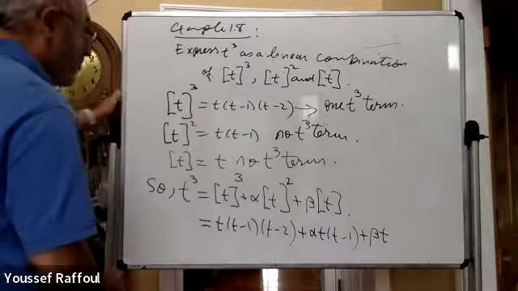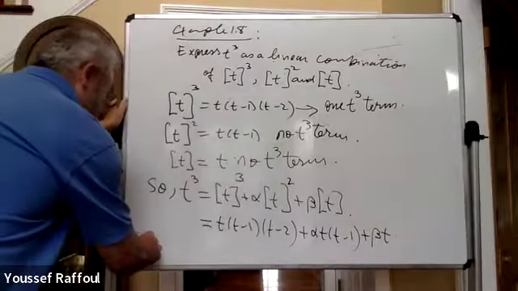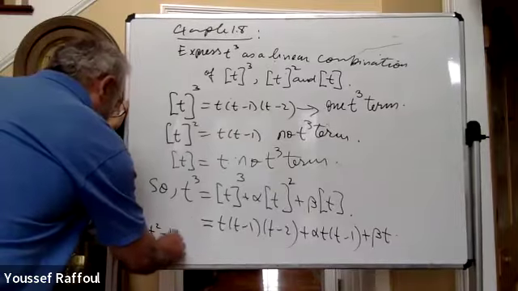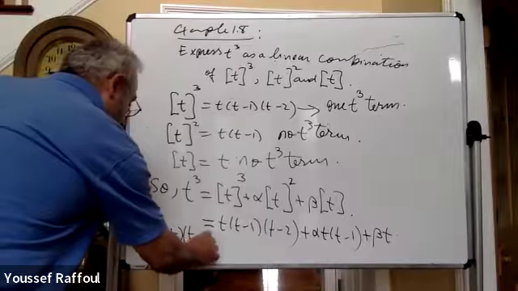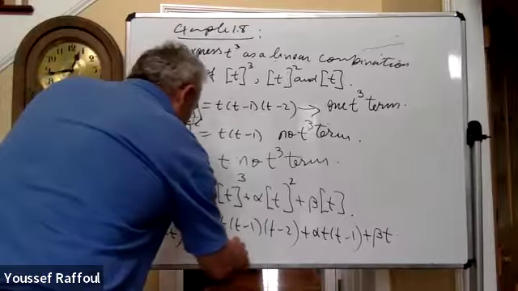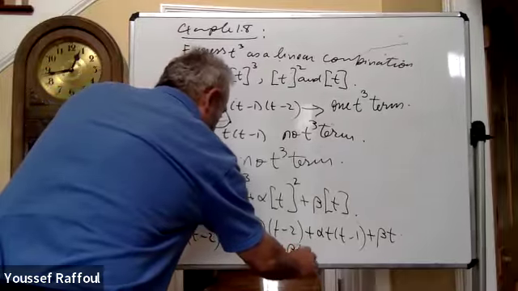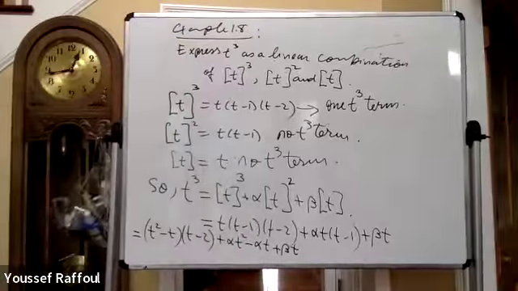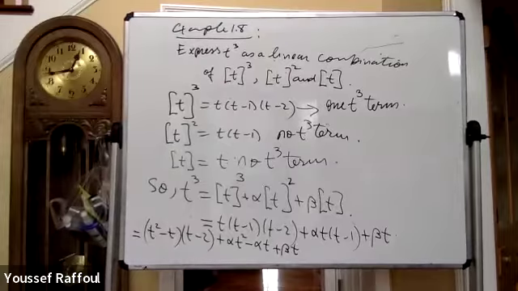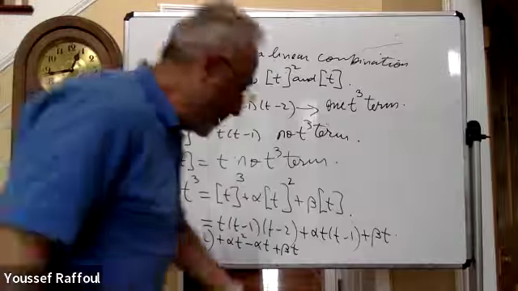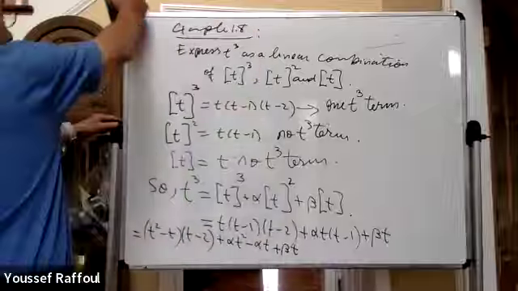All right, so this is t squared minus t times t minus 2 plus alpha t squared minus alpha t plus beta t. I'm gonna flip my board, but I'm gonna recopy this with me.